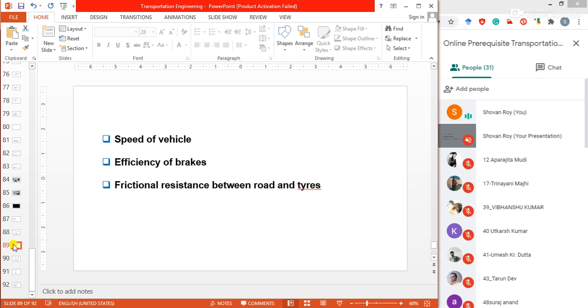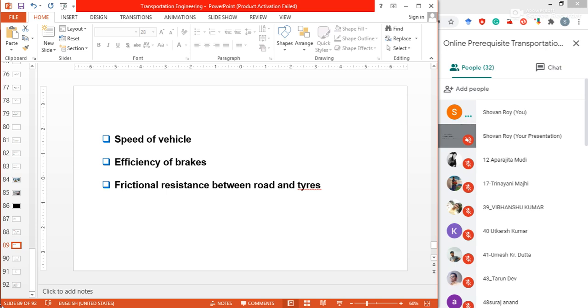IRC has specified a design friction coefficient of 0.35 to 0.4, depending upon the speed, to be used for finding the braking distance in the calculation of stopping sight distance. Already we have studied that the coefficient of friction is 0.35 to 0.4.